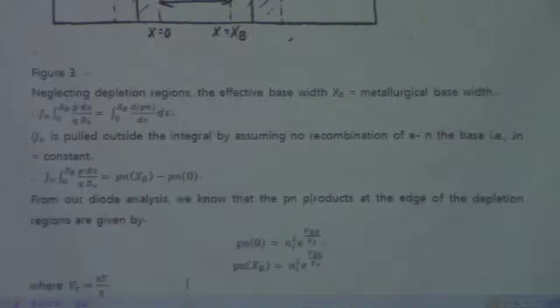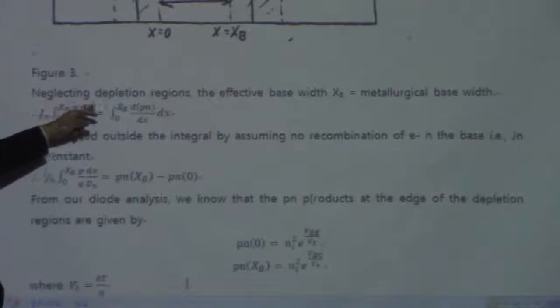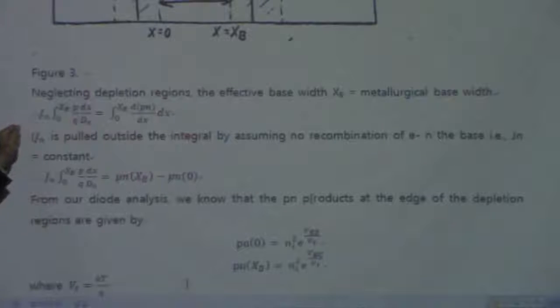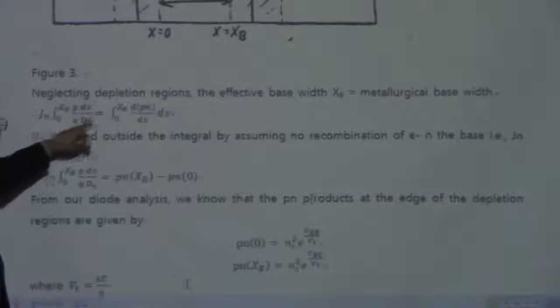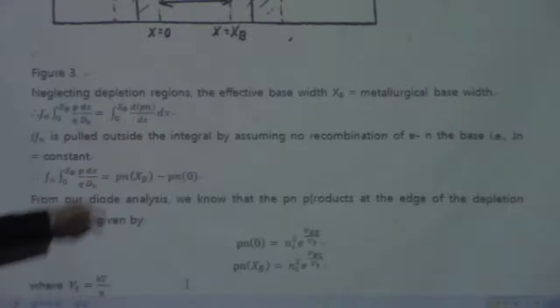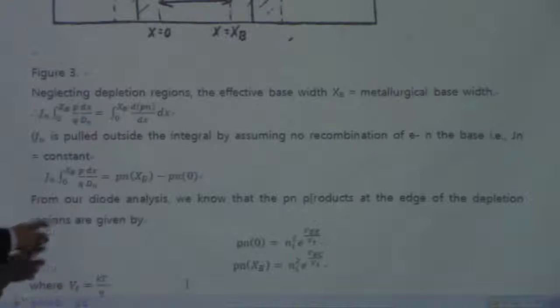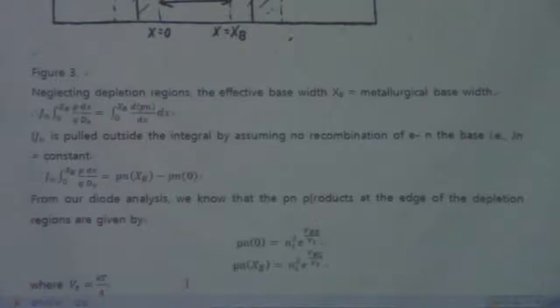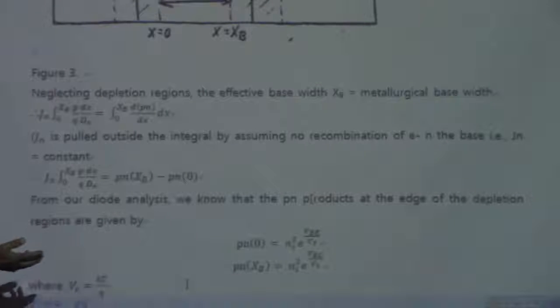You put those configurations in the equation, neglecting depletion regions, the effective base width xb is the metallurgical base width. Then this is going to be equal to this equation, and you can see the integration of the derivative returns the pn product.